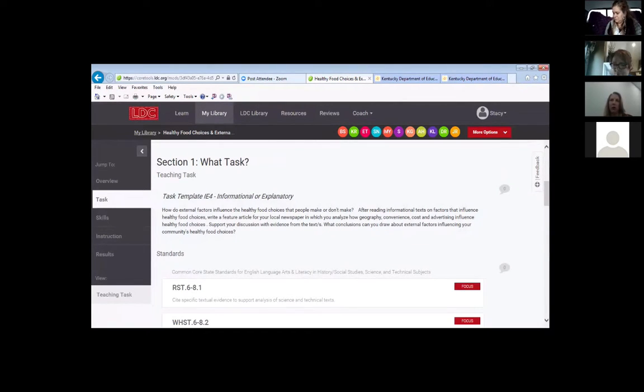Granted, when we talk nationally, they probably don't have that understanding, but I'm wondering if it would make it a broader appeal if you just said write an article instead of a feature article, because for a lot of Kentuckians that triggers, it has to look like this. It's a very artificial kind of construct that a lot of new teachers don't have, but a lot of the more experienced teachers still do. So that might get you more buy-in.